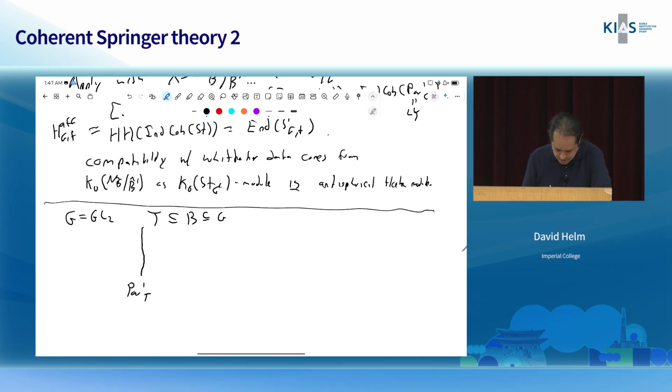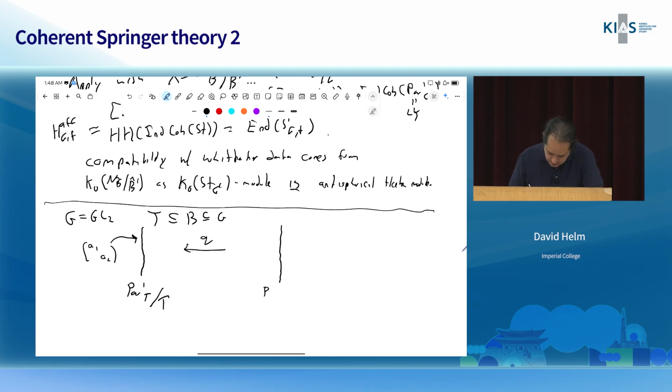So I'm going to draw Par_1 T as a vertical line like this. A typical point here, I'm just going to think of as a diagonal matrix, A1, A2. And remember that I'm modding out by the action of T here. Okay, so Par_1 B is a little bit harder to draw, but what I'm going to do is allow myself to diagonalize Frobenius.